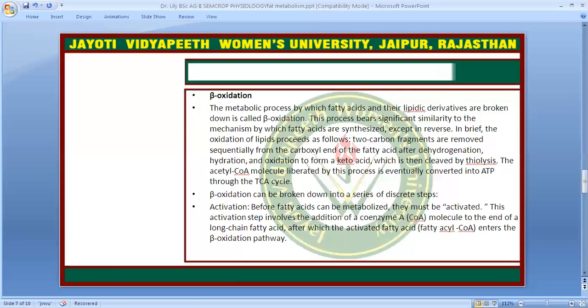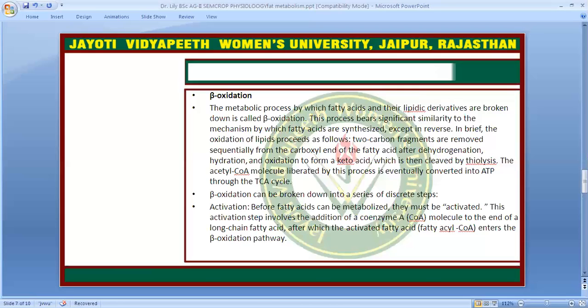Two carbon fragments are removed sequentially from the carboxyl end of the fatty acid, that is after dehydrogenation, hydration and oxidation, to form a keto acid. Now this is cleaved by thiolysis and the acetyl molecule is liberated in this process, which is eventually converted into ATP to enter the TCA cycle.